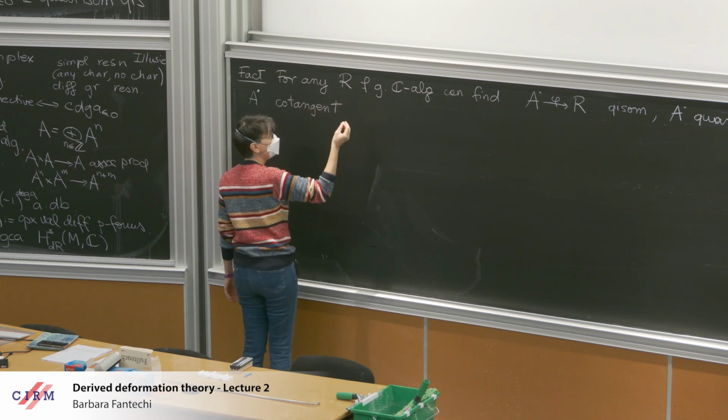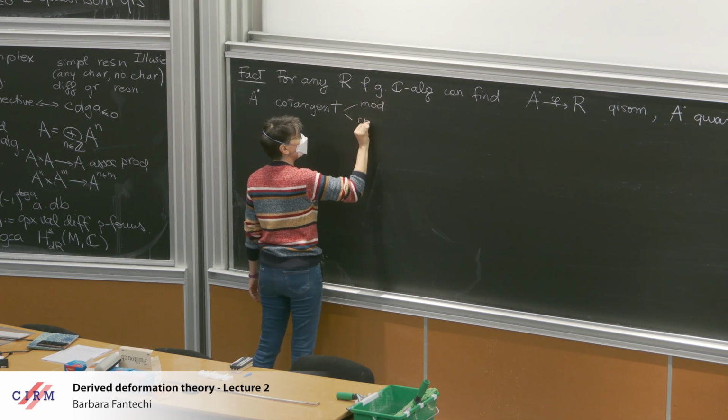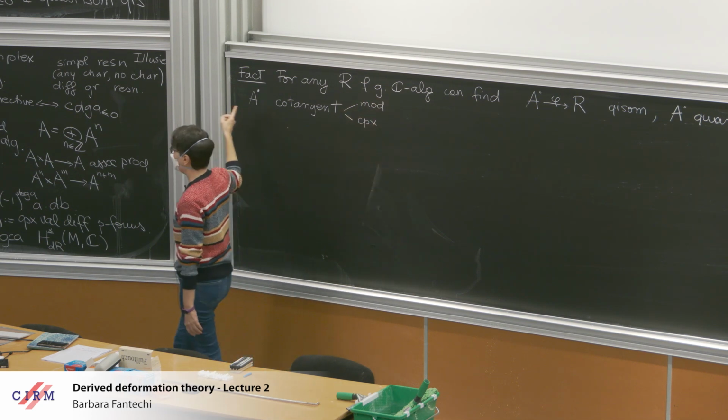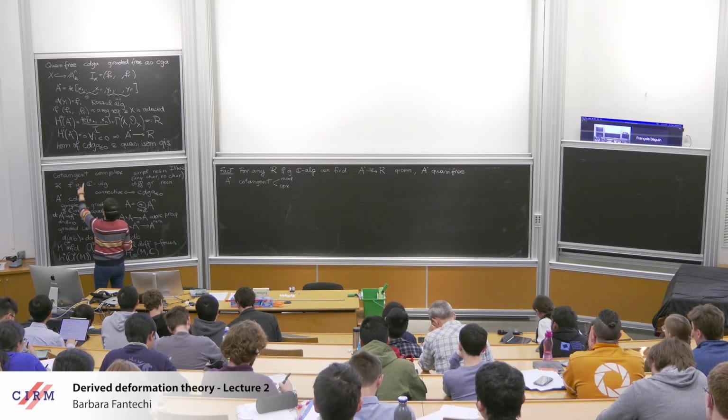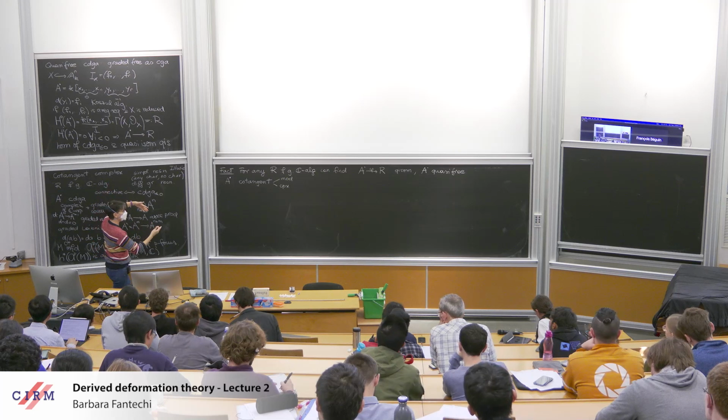Well, how shall I put it? Should I call it a cotangent module or its cotangent complex? Because after all, this A dot as an algebra is a free algebra. I told you it's quasi-free.